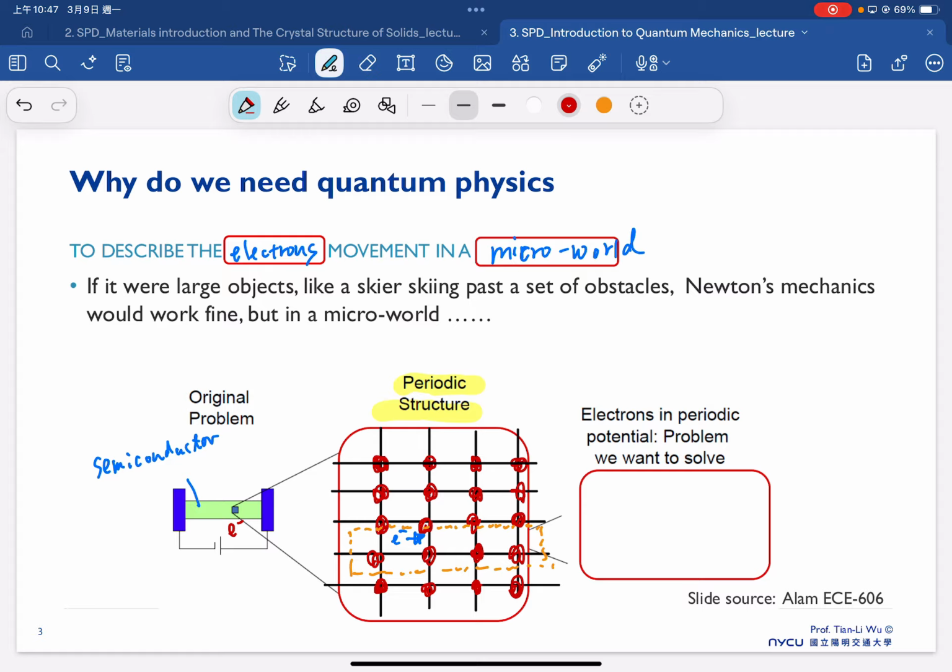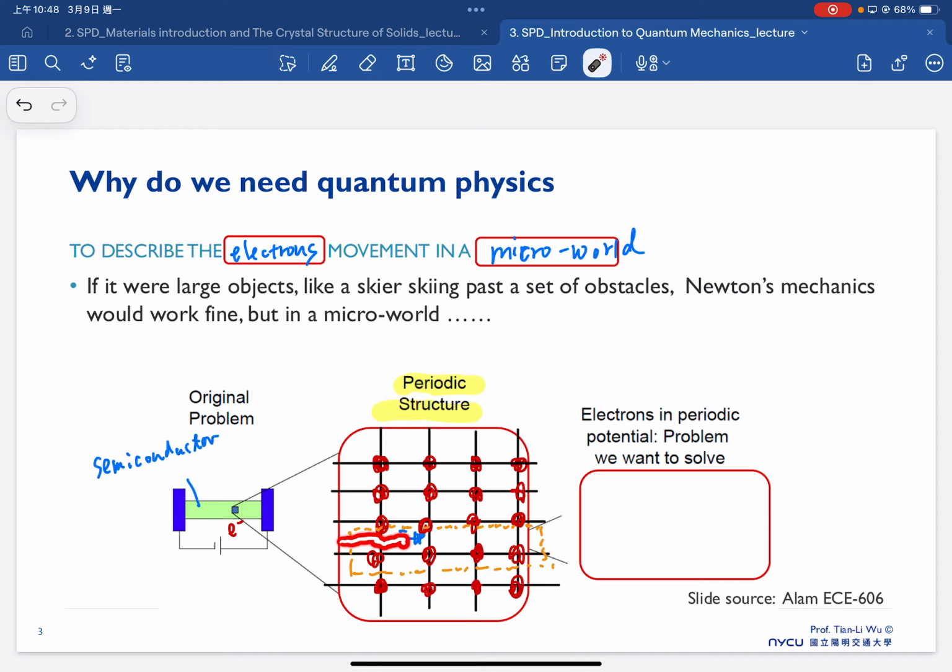But now imagine the electron moving in this periodic structure. Sometimes it will be close to these atoms, sometimes far away from the atom. So you can imagine that the electron movement here is sometimes very close to an atom, then far away, nearby an atom, far away, nearby, far away.